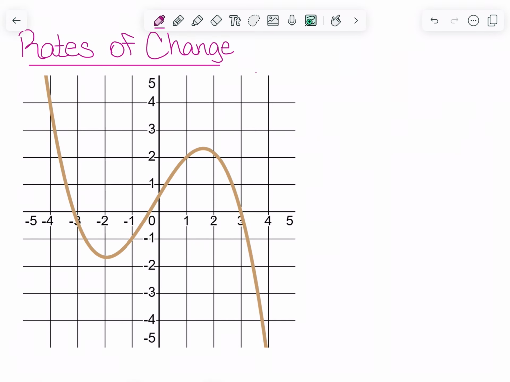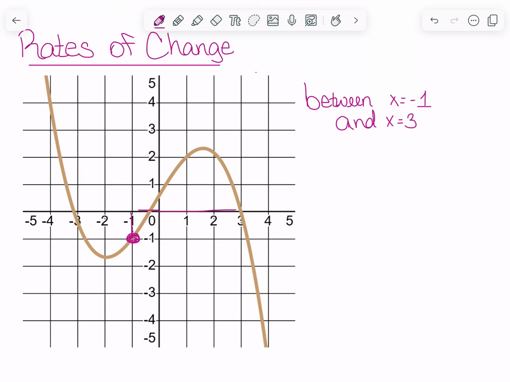We can also determine the average rate of change from a graph. So let's consider this function here. Let's suppose we want to find the average rate of change between x equal to -1 and x equal to 3. If I go over to -1 on the x-axis, then I can see that the y value is also -1.